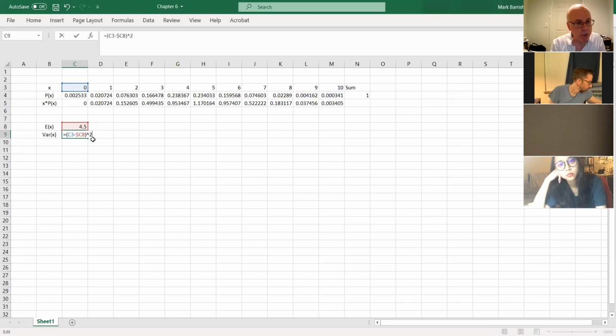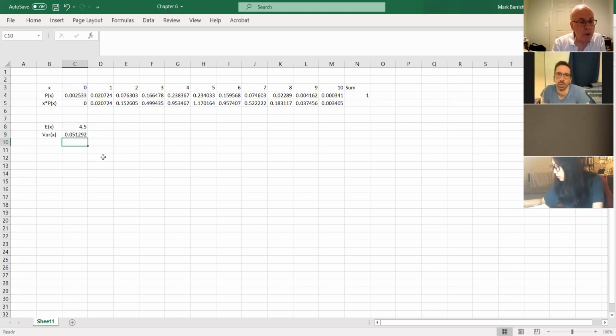You can simply say multiplied by, and we're going to multiply it by its probability. So it's going to take the parentheses, square it, and then multiply the result by C4. And then we copy this formula all the way down.